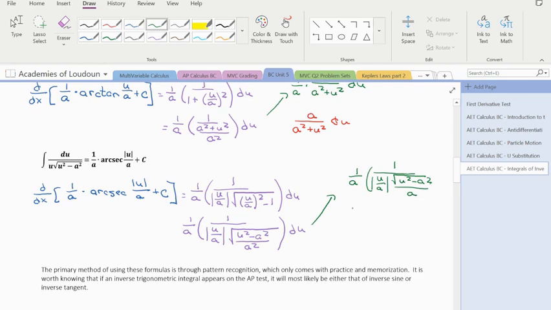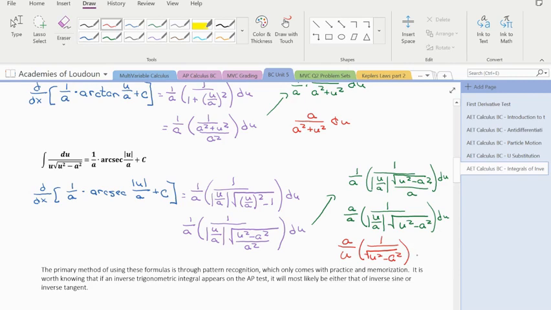So we can bring the a up, and the a becomes a over a times 1 over the absolute value of u over a times the square root of u squared minus a squared. And again, du, which I left off up here. And the last simplification, we can bring this, and this becomes 1 over a times 1 over u times the square root of u squared minus a squared du.